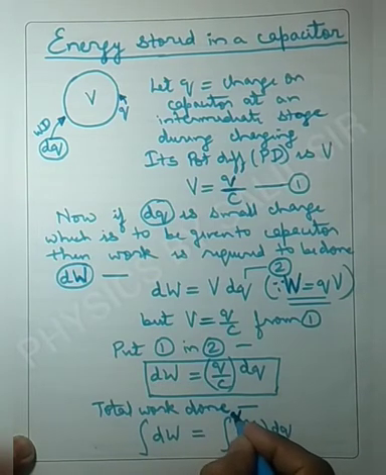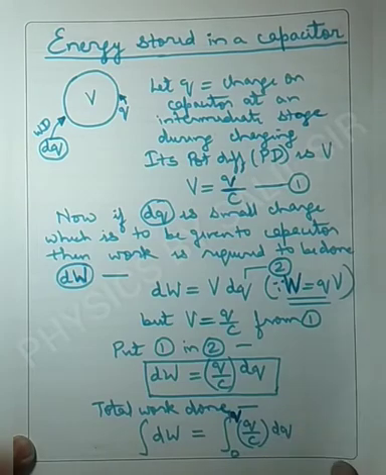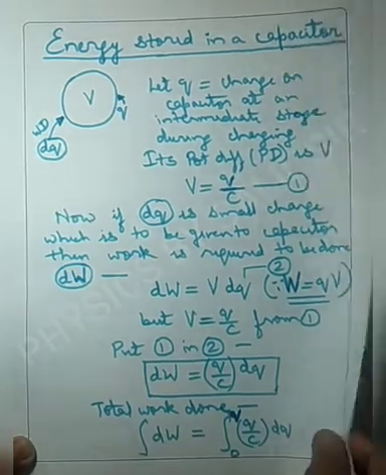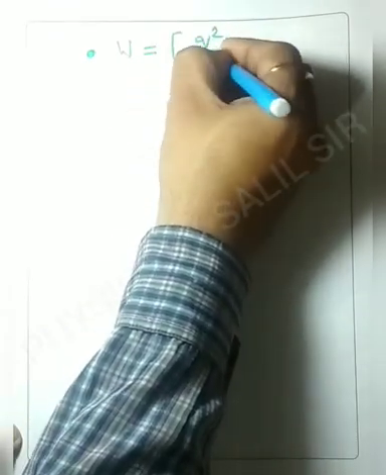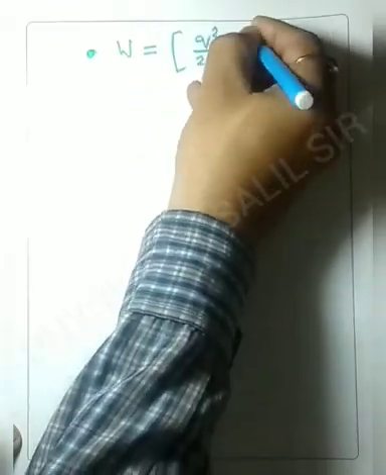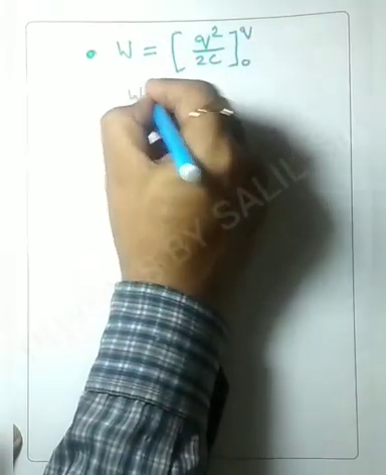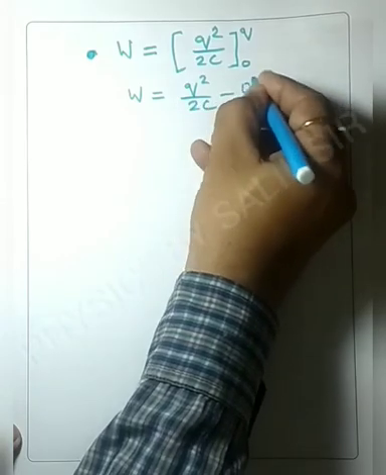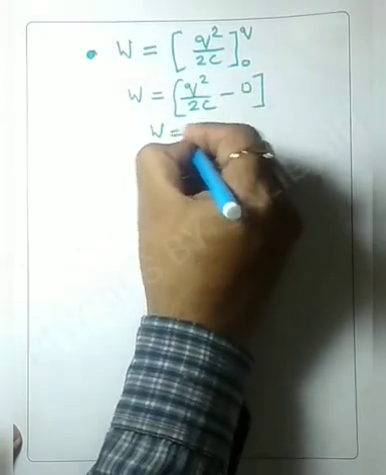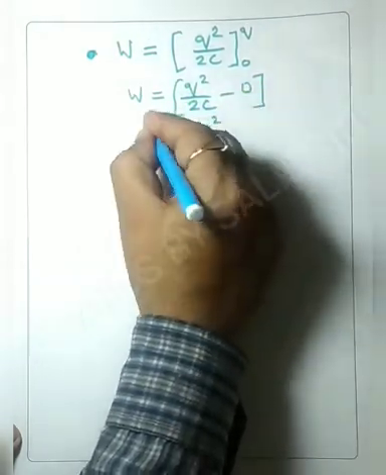According to the integration rule, W is equal to Q square upon 2C from 0 to Q. Again W will be equal to Q square upon 2C minus 0, and finally we get W is equal to Q square upon 2C.